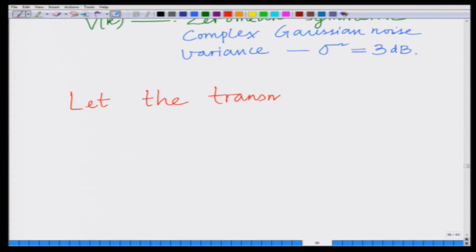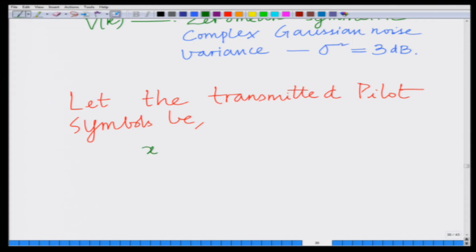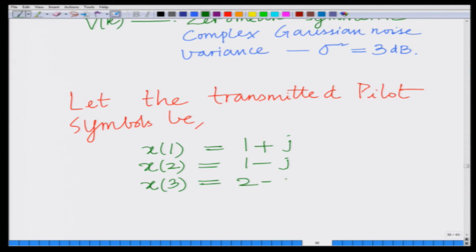So, the transmitted pilot symbols are x1 equals 1 plus j, x2 equals 1 minus j, x3 equals 2 minus j, and x4 equals 1 plus 2j.